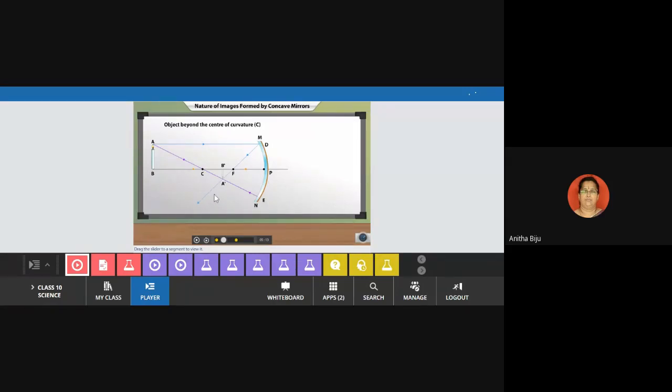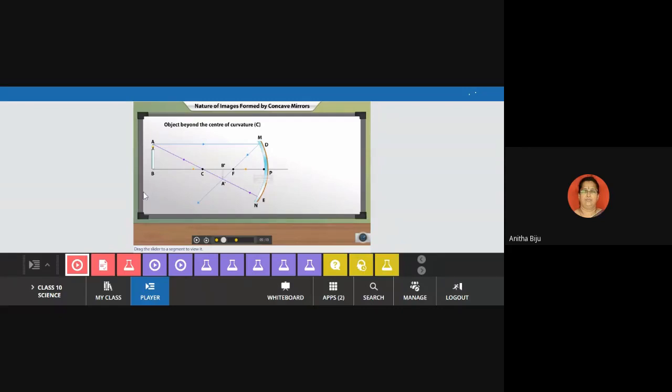Third point, what about the size of the image? Look at the size. Is it the same size? It is smaller in size. We can't say it is diminished; you can write that it is smaller in size compared to the object.